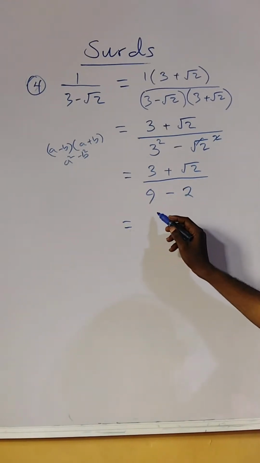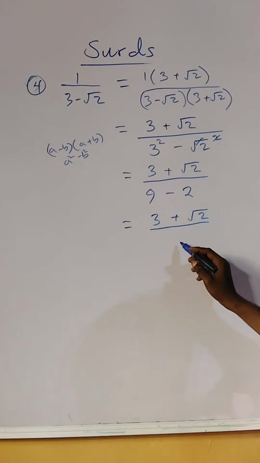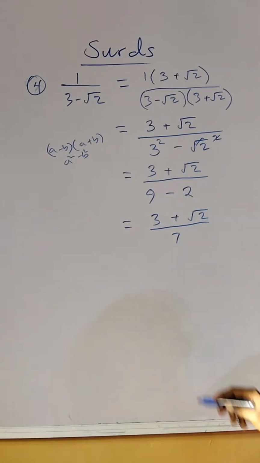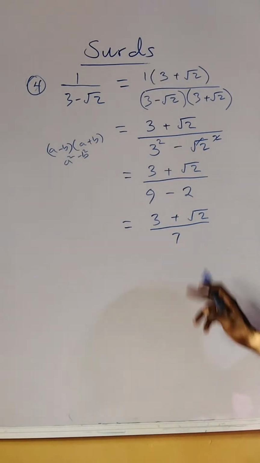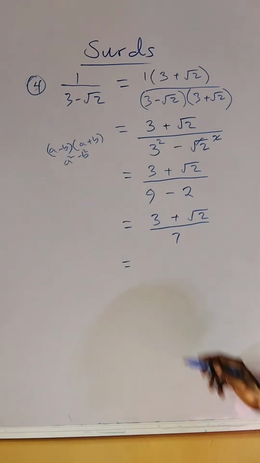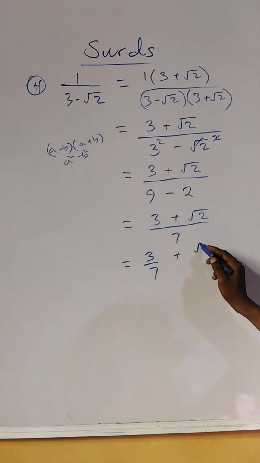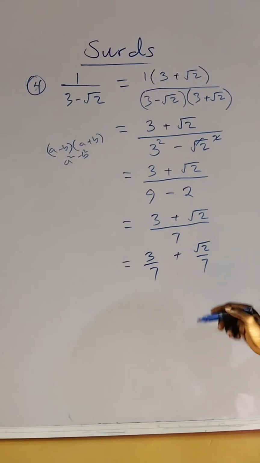Then this implies we have 3 plus root 2 over 9 minus 2, which is 7. So we have this as the simplified form. If you like, we can separate this into two fractions, and we can say this is 3 over 7 plus root 2 over 7.